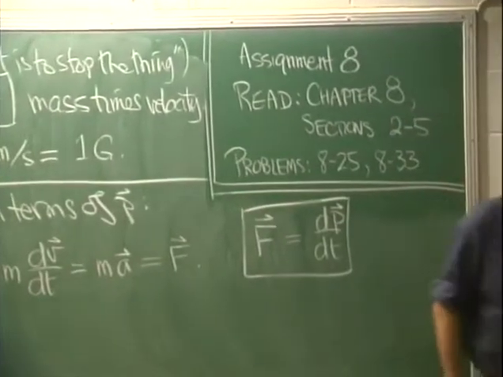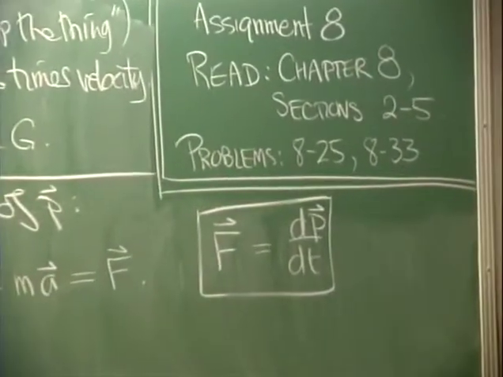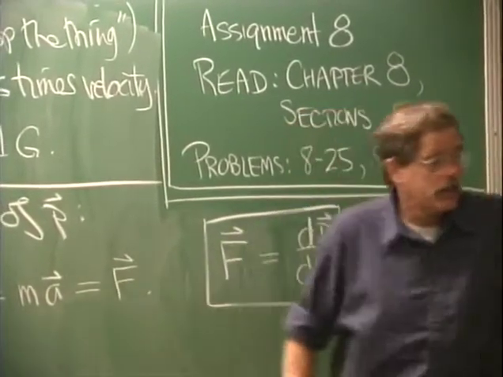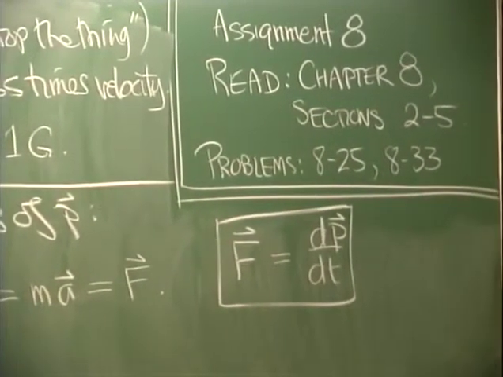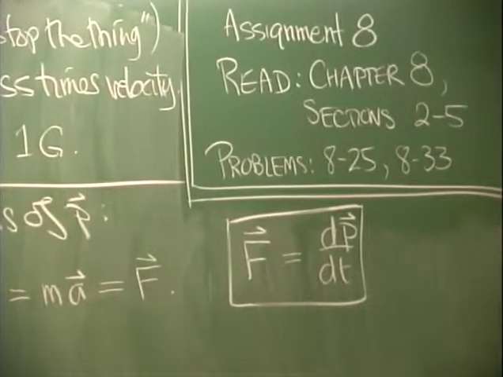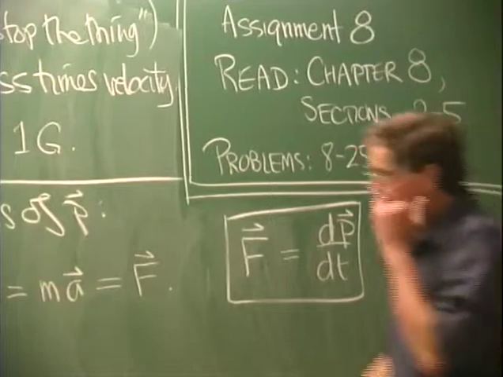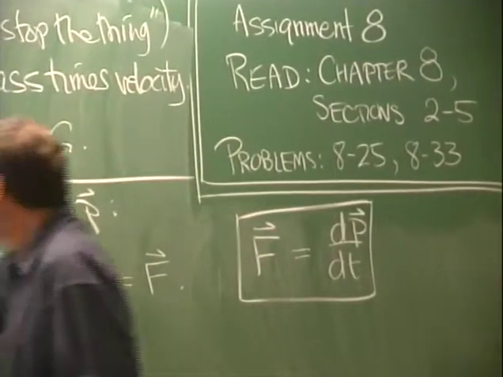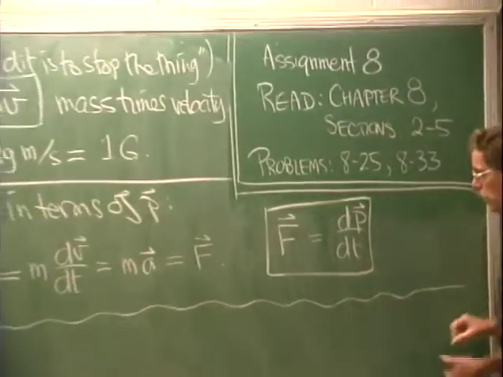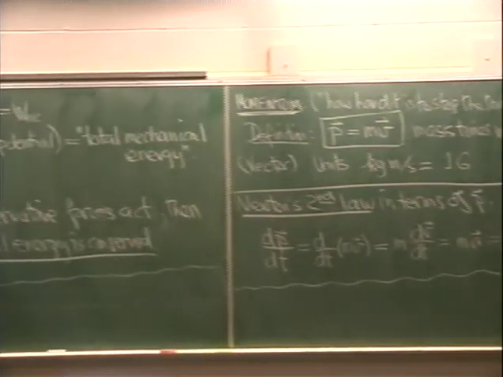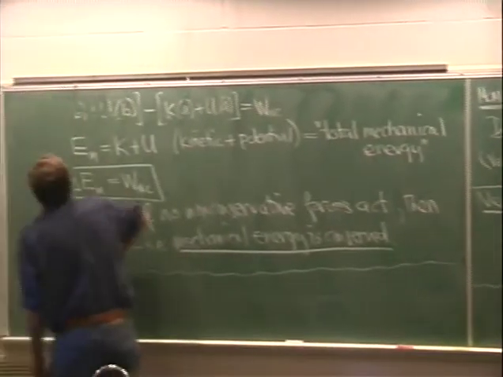It's the way that Newton himself always favored. Newton tended to write the second law, in fact, I'm not sure you will ever see in Newton's own work the second law written as F equals ma. It's always written as force equals rate of change of momentum. It's a cute way to write the second law. And I'll show you one of the reasons why it's such a cute way to write the second law.